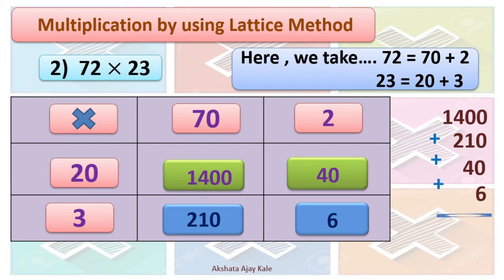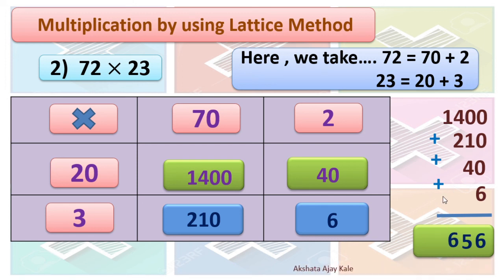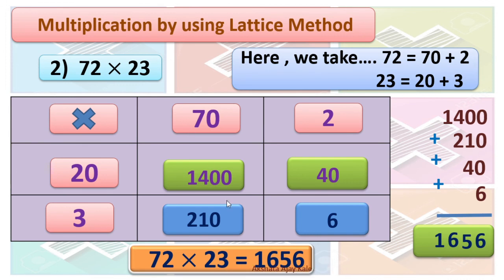Come on, let us add this. 0 plus 0 plus 0 plus 6, that is 6. 1 plus 4, that is 5. 4 plus 2, that is 6. Here 1 as it is. So the answer for 72 multiplied by 23 is 1656. Isn't it? Very nice.